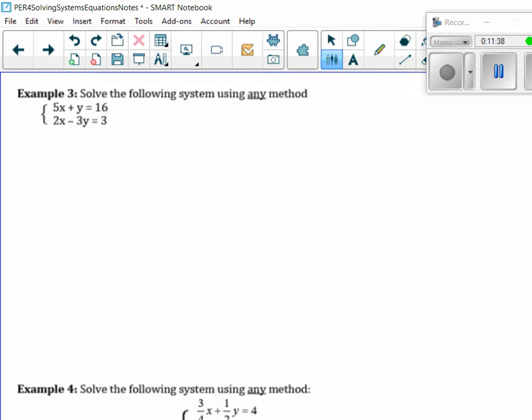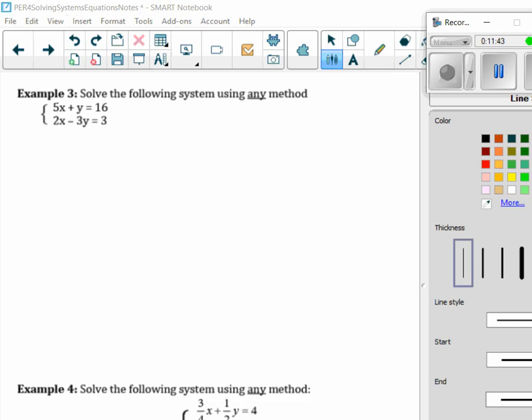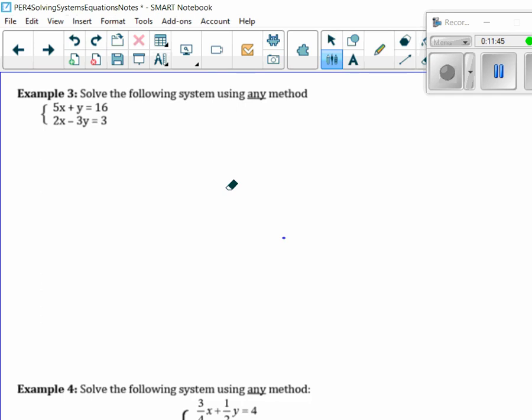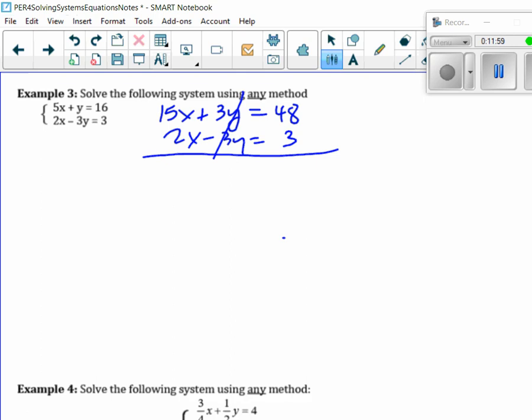Okay, let's try the next one. I am going to multiply the top by 3. So 15x plus 3y equals 48, and 2x minus 3y equals 3. 17x equals 51, so x equals 3.